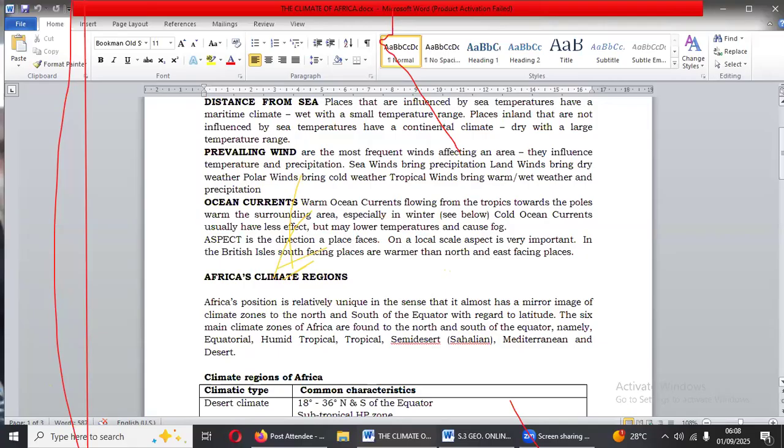Someone gave us ocean currents, but was unable to phrase the point very well according to how our motion was. When it comes to ocean currents, we say ocean currents are the major natural drivers of climate change by distributing heat around the globe. Changes in these currents can lead to shifts in regional climate.